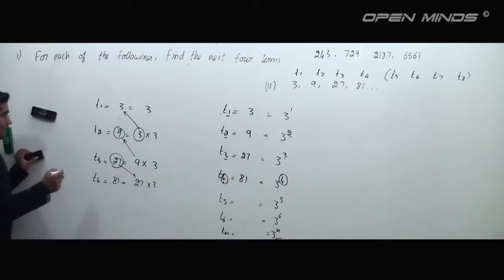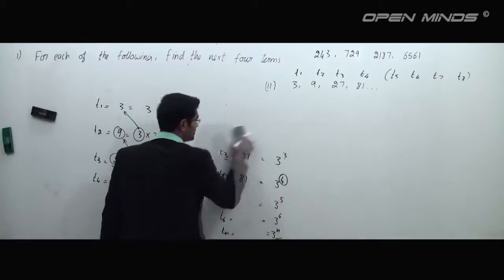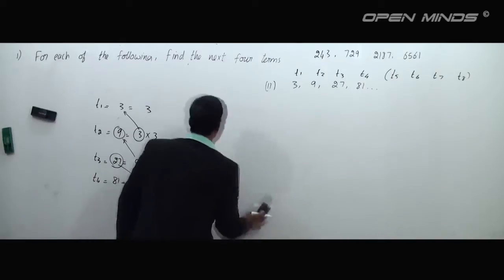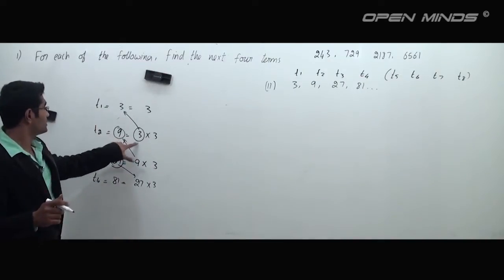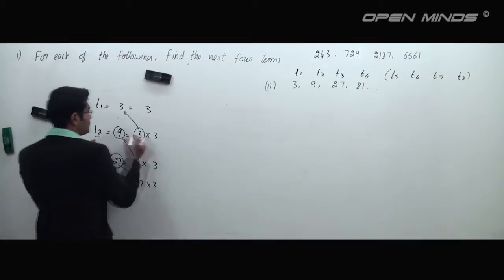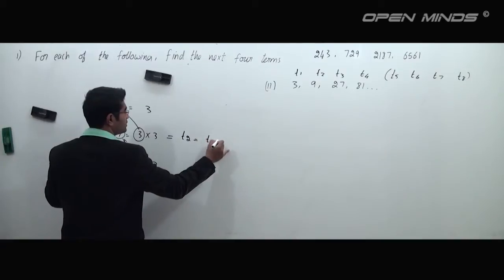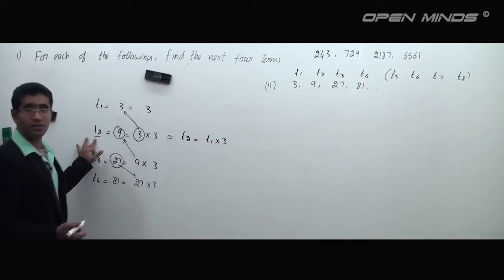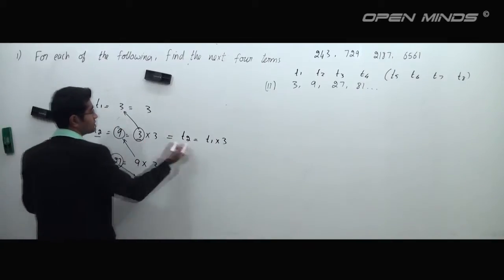So in this design, can I just write, okay, I'll erase this guy. Similarly, if I continue writing the connection between this number and this number, all right? So look at that, there's a 2 here. Can I write this guy as T2 is T1 times 3? Why not? Because T1 is 3, isn't it? So instead of this 3, I'm just writing T1.